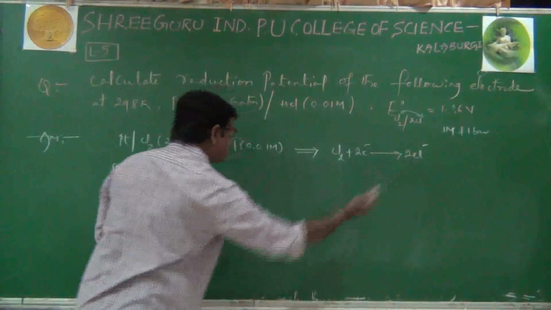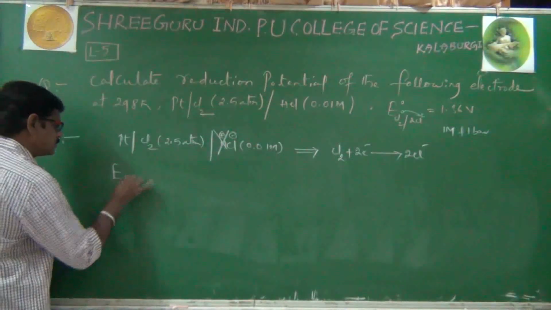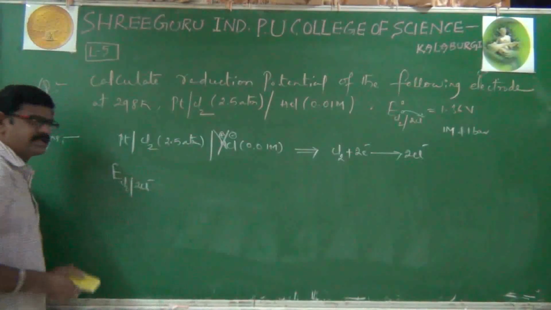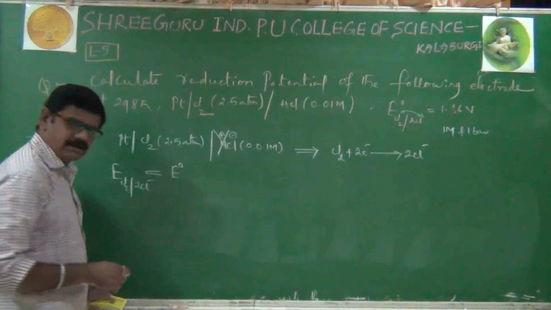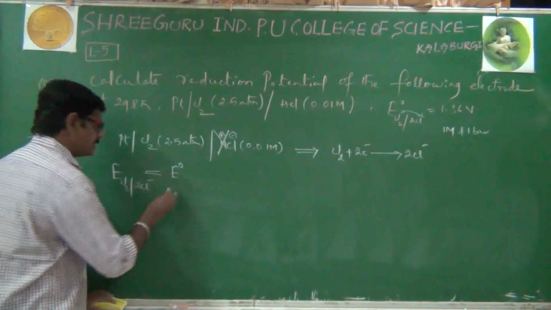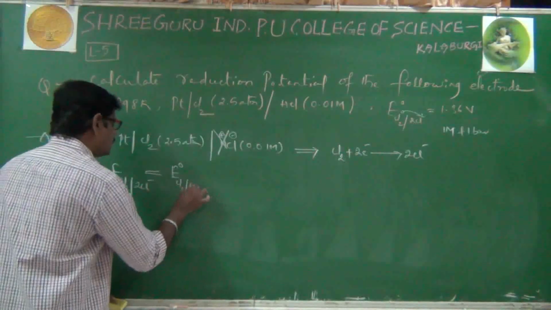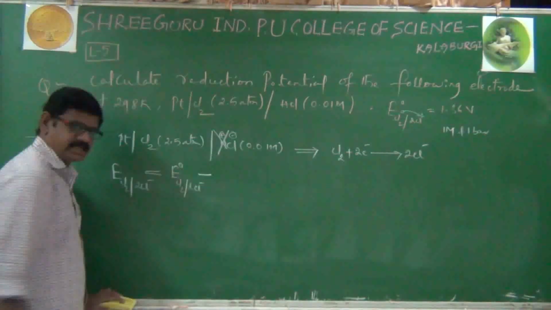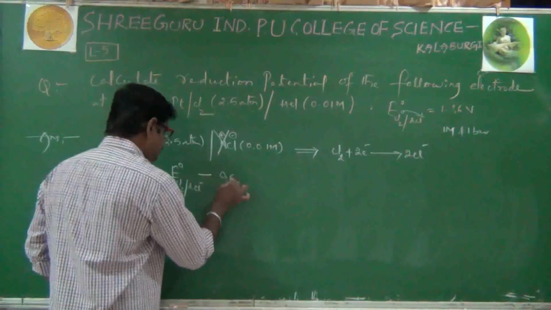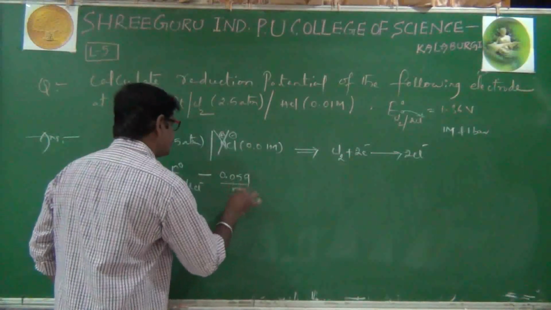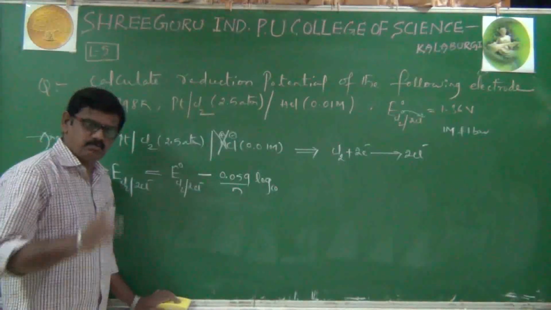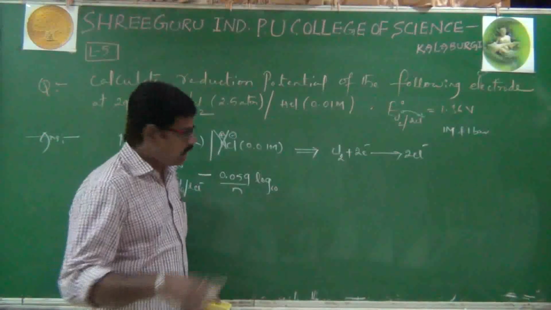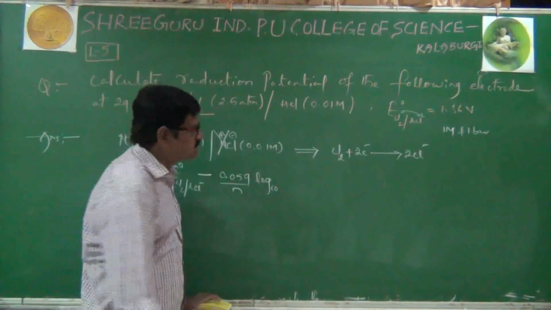Therefore, you write E of Cl2 | 2Cl minus is equal to E naught of Cl2 | 2Cl minus, that is also reduction only, again minus 0.059 by n log base 10 of product by reactant, or reduced state by oxidized state.